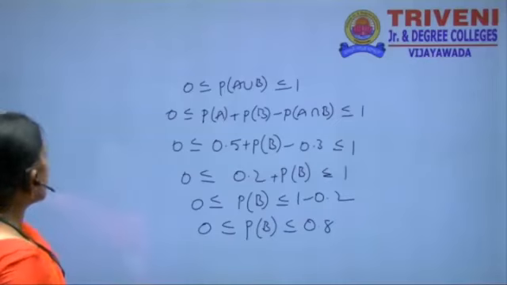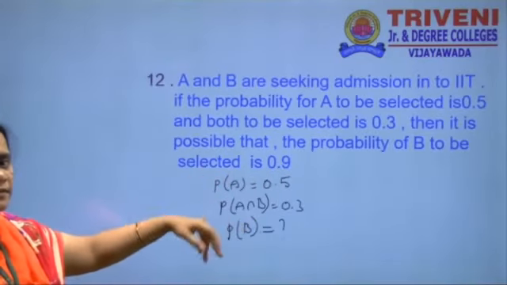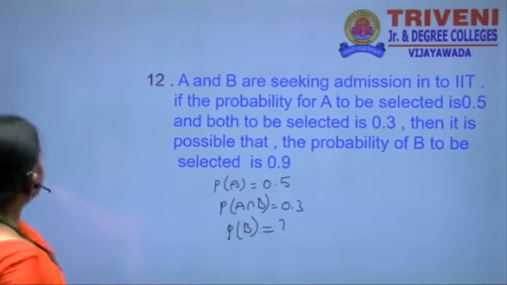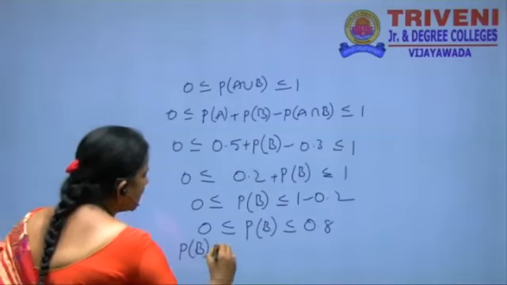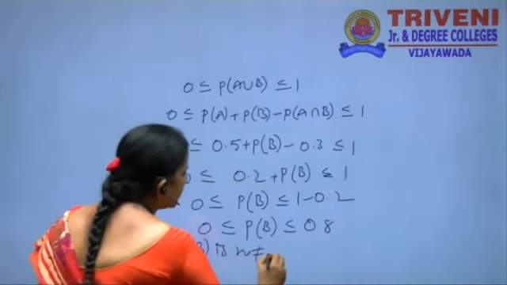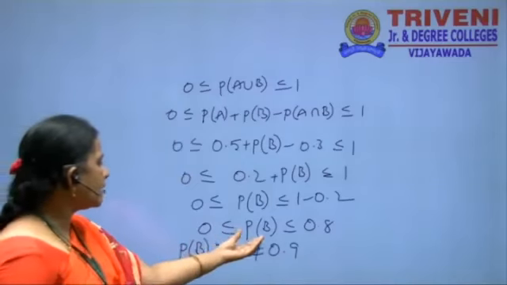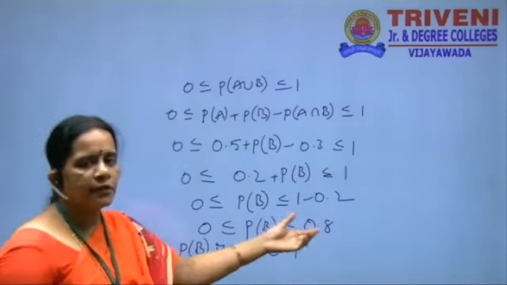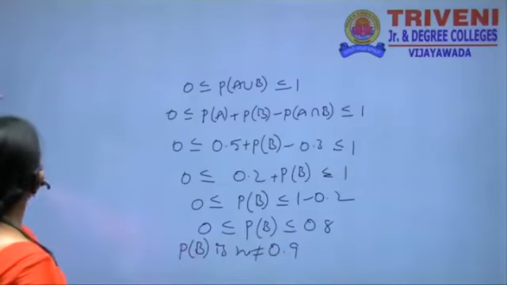But they given in the problem the probability of B is 0.9. This is not possible, so P of B is not equal to 0.9. Why? Because here the value of P of B lies between 0 and 0.8 only. Okay, and then we are going to the next problem.